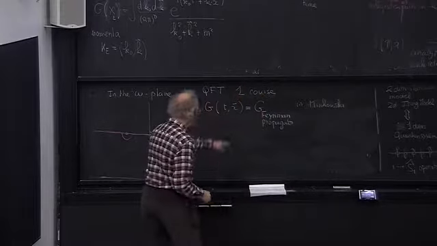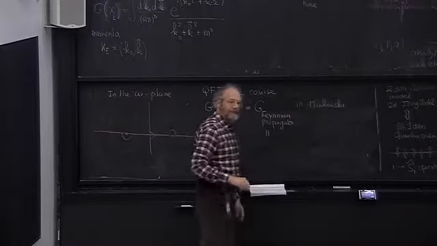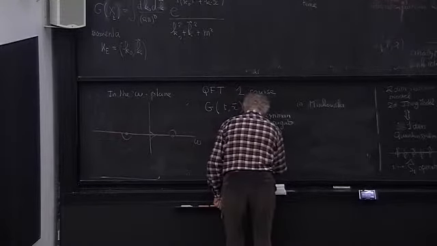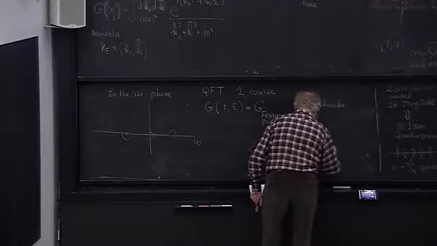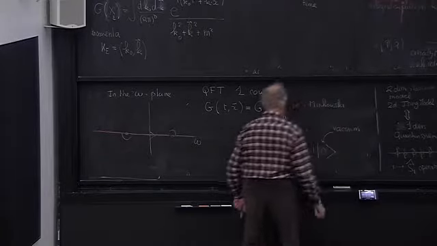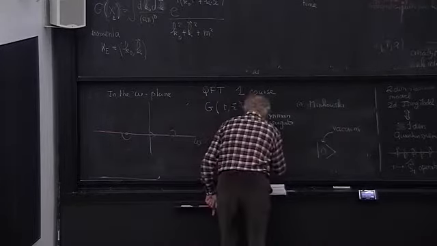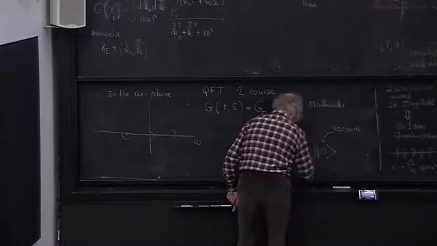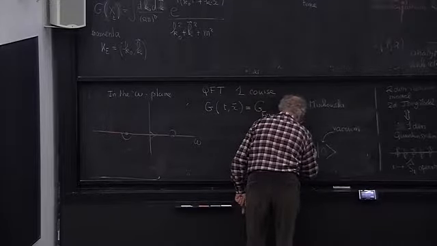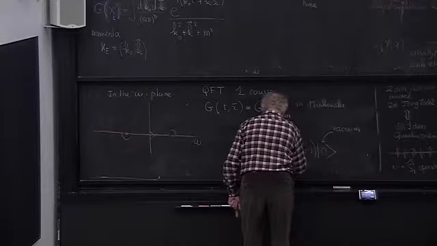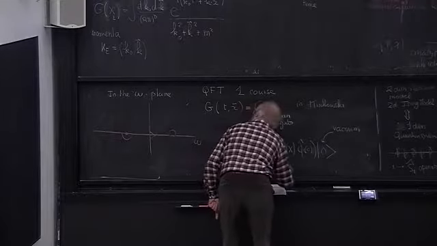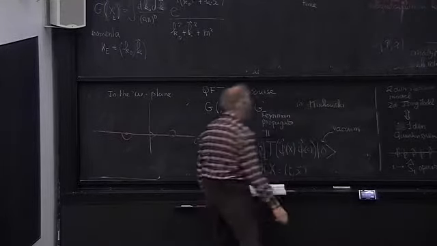Okay. And you know that this object corresponds simply in terms of matrix element of operators to the vacuum-to-vacuum matrix element of the time-ordered product of two field operators, the phi operator at position 0 and the phi operator at position x, with x equal t and the position vector x.